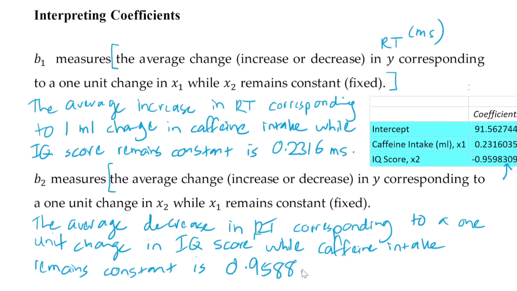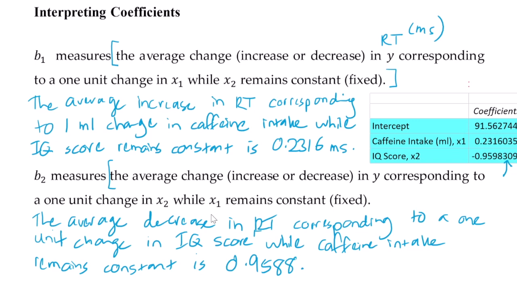This would be in milliseconds, because we have already written that there would be a decrease in reaction time. We do not need to write out the negative sign over there. Okay, so it is noted that the reaction time will decrease as the IQ score changes.